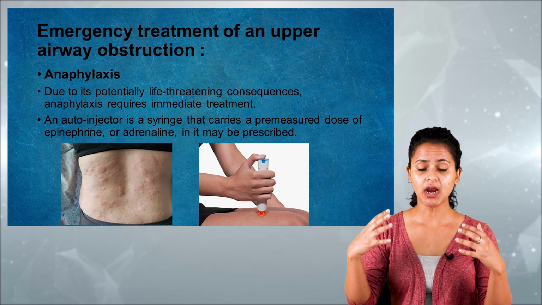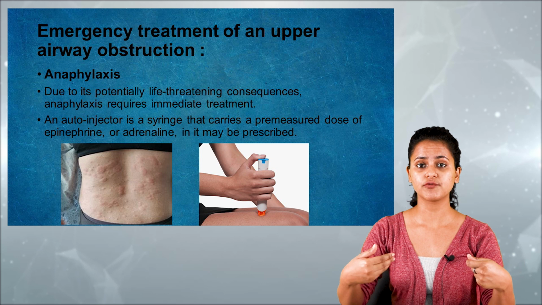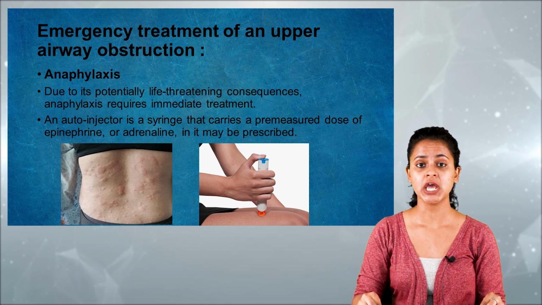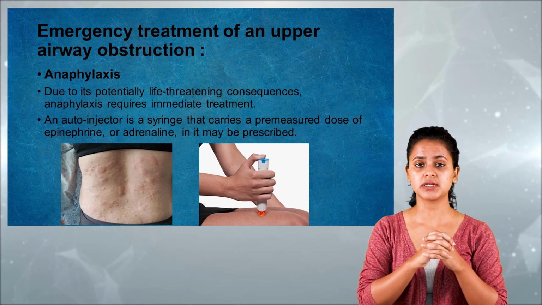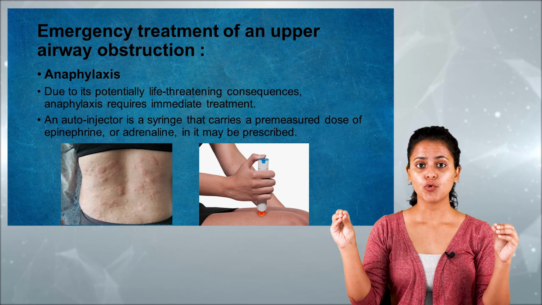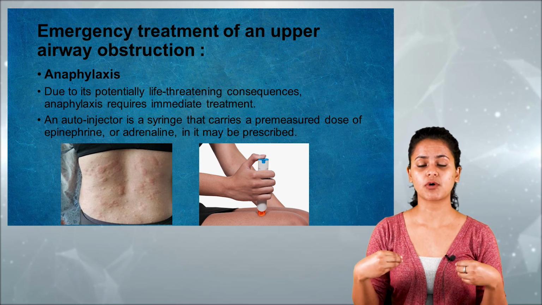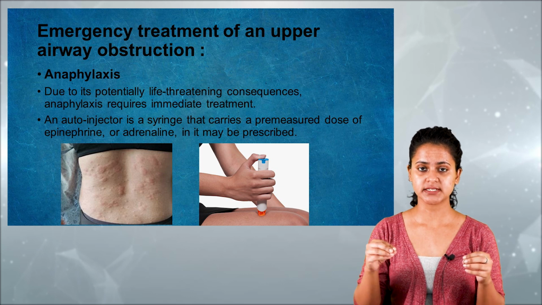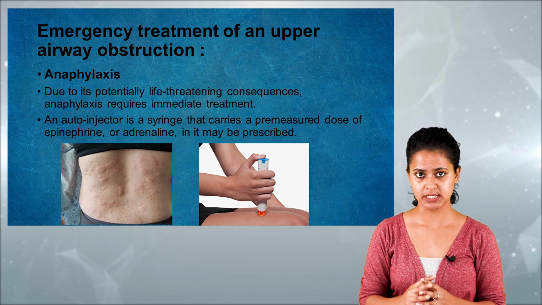Now, if we are assessing someone and we understand that someone is having an anaphylaxis reaction, we should transport the particular client to our healthcare setup. Generally, initial treatment includes oxygen administration and the administration of antihistamine and anti-inflammatory medication.